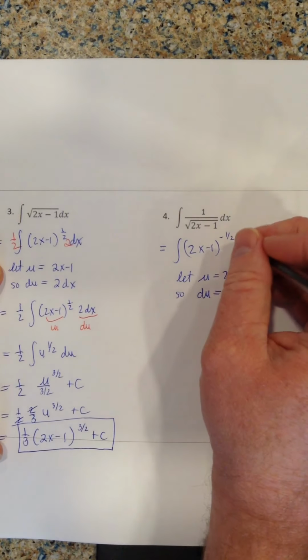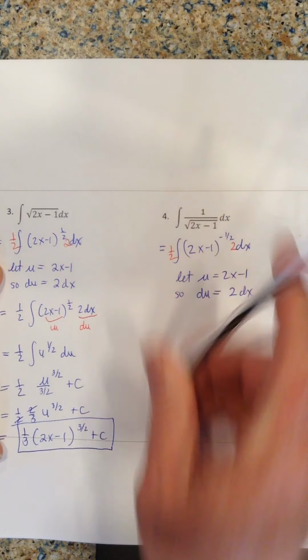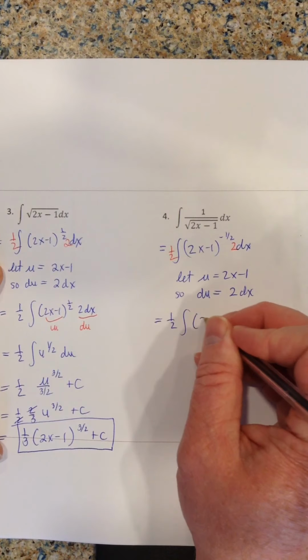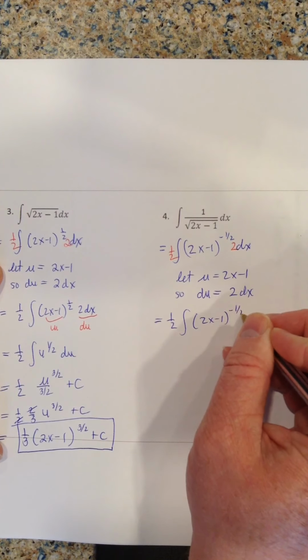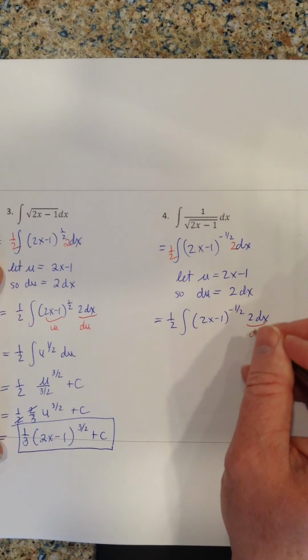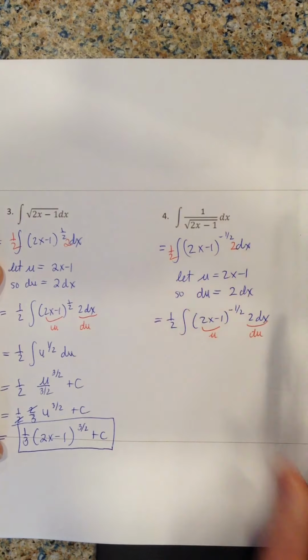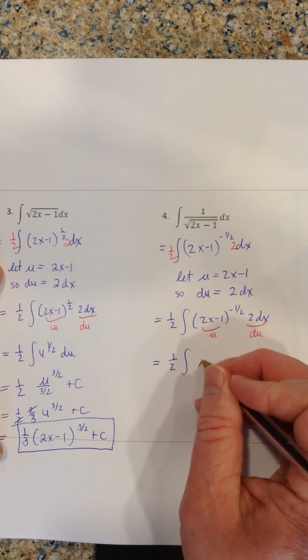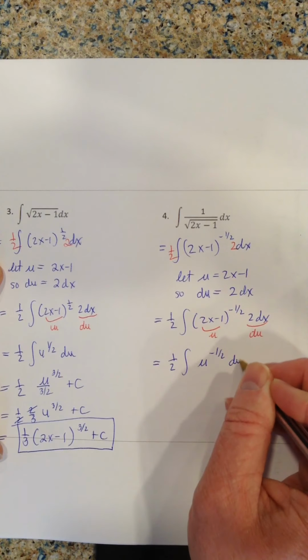To make that happen, I need a 2 there and a 1/2 outside the integral. So I get 1/2 integral of (2x minus 1) to the negative 1/2 times 2 dx. Again, that was my du, and that's my u. So I get 1/2 integral of u to the minus 1/2 du.